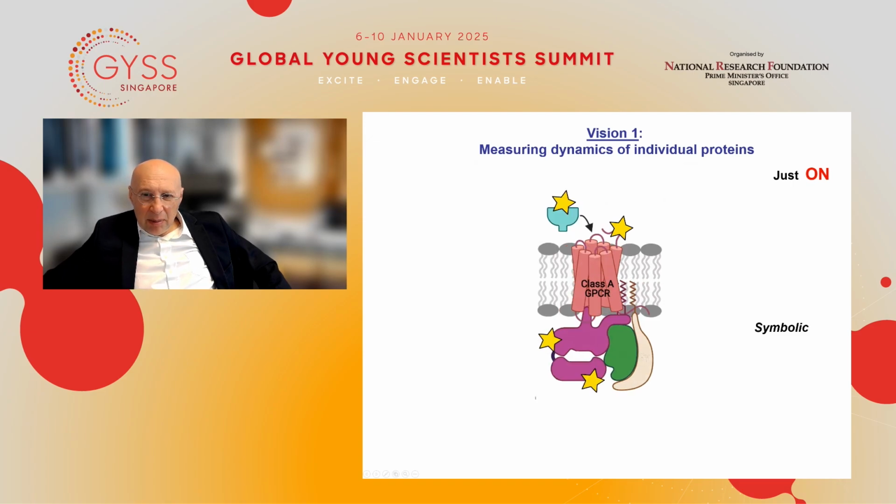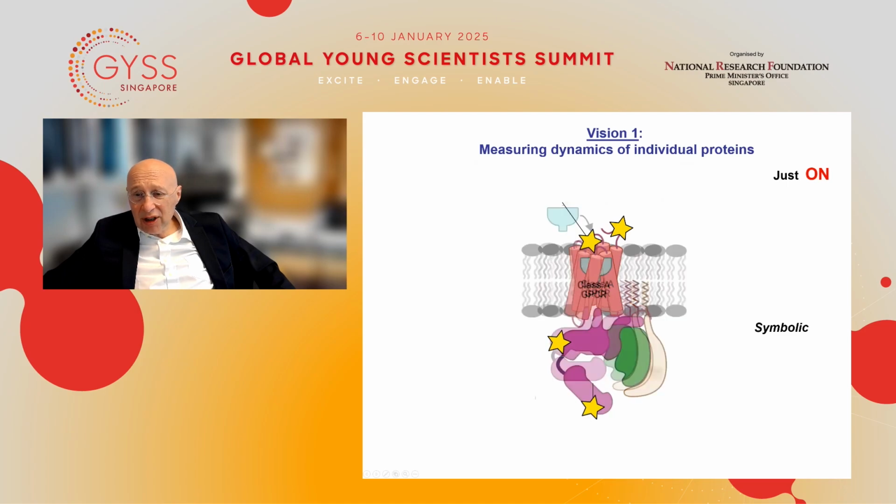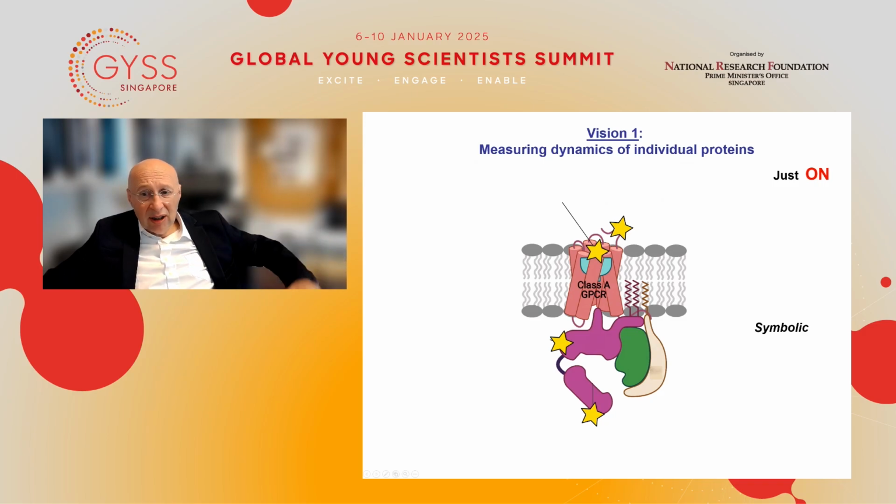But now we can come up with a concept where you have fluorophores sitting at critical sites of the protein, and then if we make that protein do some work, they will change position. And we should be able to see the change in position of the molecules and hence infer the positional change of the different protein sites. And so this is a vision. It's not realized yet, but I think it'll come because it's physically sound.